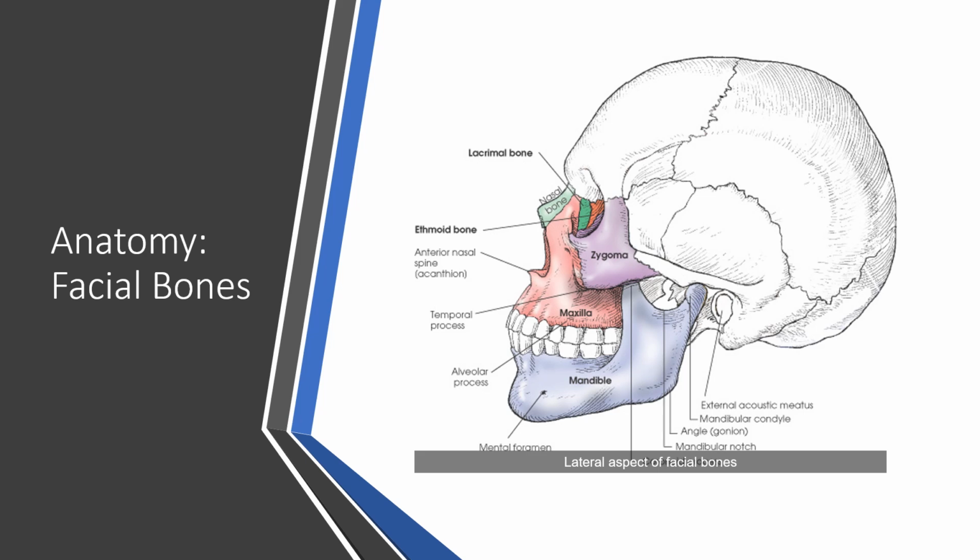There's the zygoma connecting, making the zygomatic arch. And we can see that the coronoid process of the mandible tucks under the zygoma and the zygomatic arch. The anterior nasal spine, acanthion, displays well on the profile of the maxillary bone. And on the profile view of the mandible, you can see the gonion and the TMJ joint.